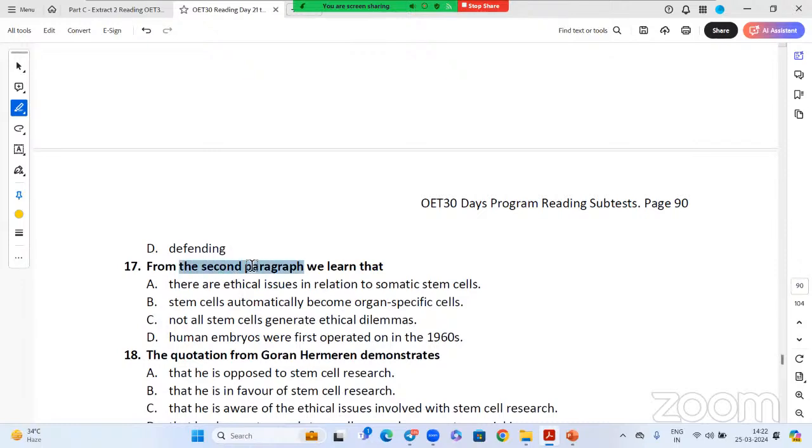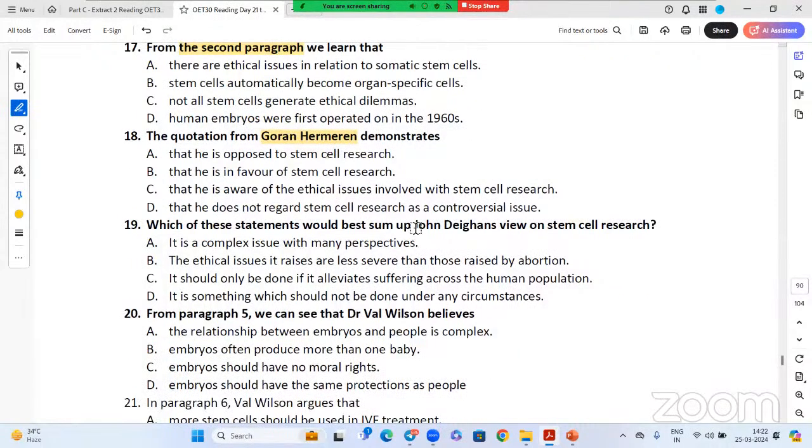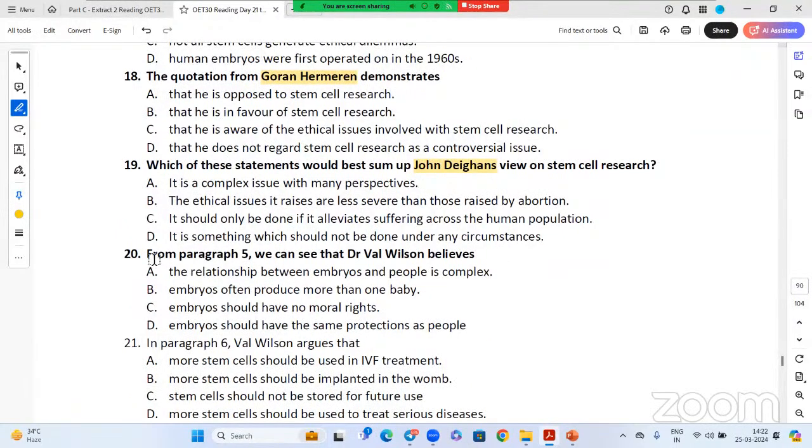And here, the second paragraph. Then here he did not tell us anything about the paragraph, but he is giving the capital letters, Goron Hermeran. Remember that. And here he is talking about John de Gans. And here he told it is paragraph number 5.